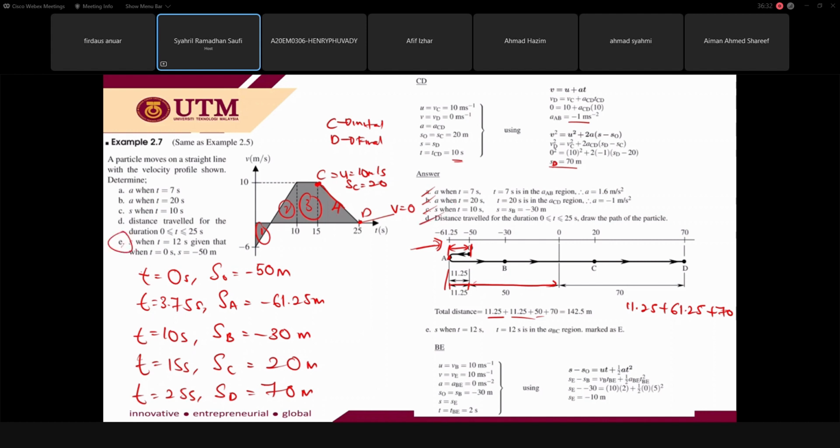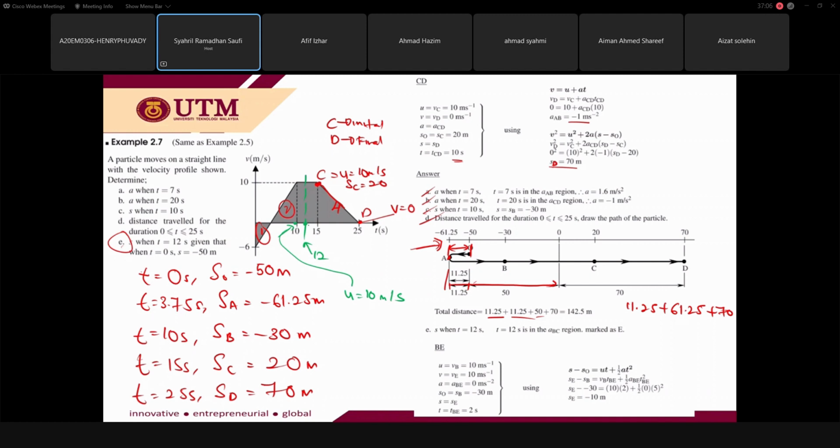Then we go on to question E, which is located between 10 and 15, at 12 seconds. So now this is your initial point, here U equals 10 meters per second.